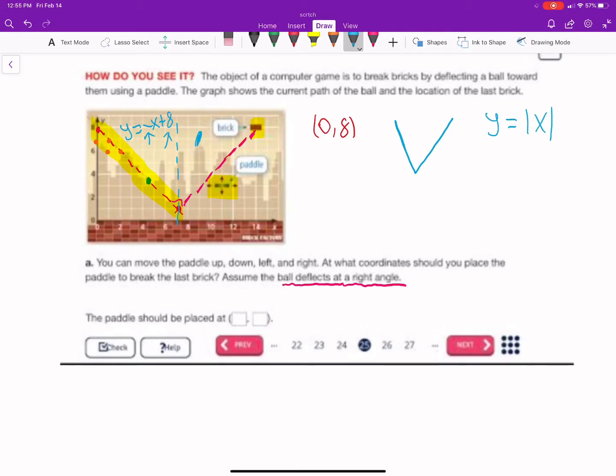Maybe I can make a video on the parent functions another time, but hopefully you're familiar with this. So that is our parent function, and we need to intercept it and make sure it hits the brick.